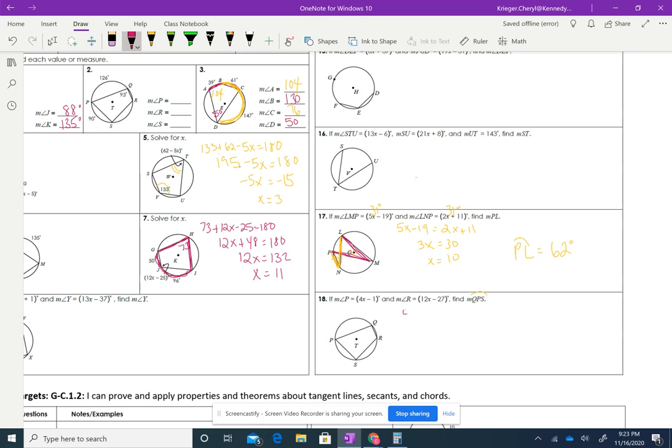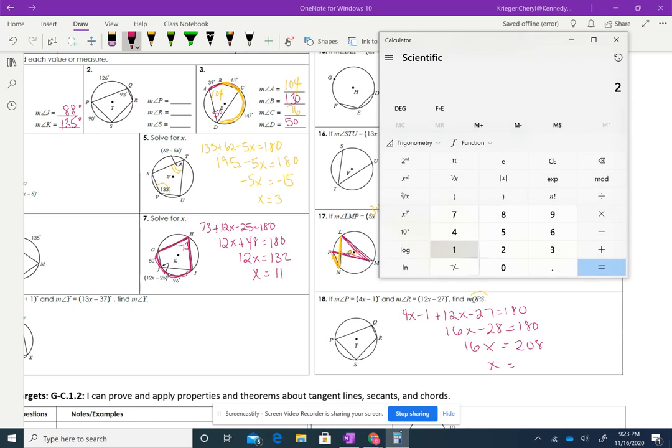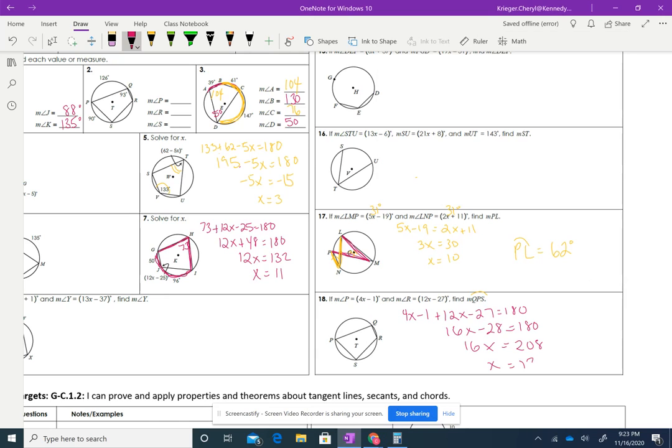I'll say 4x minus 1 plus 12x minus 27 equals 180. Combine like terms. Add 28 to both sides and divide by 16. 208 divided by 16 is 13. Okay. So x is 13.